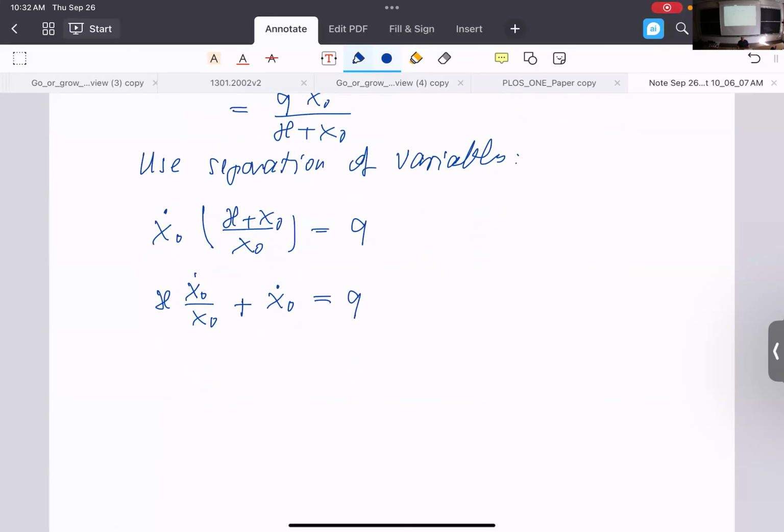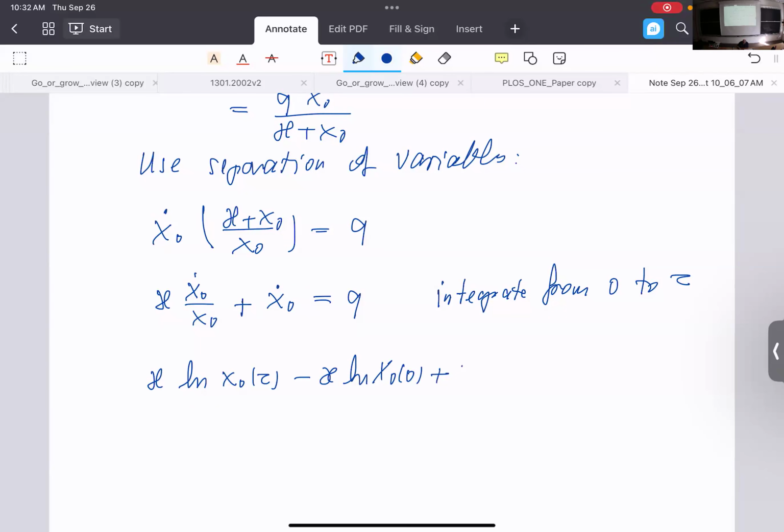And now we can integrate this. We integrate with the definite integral here, from 0 to tau.